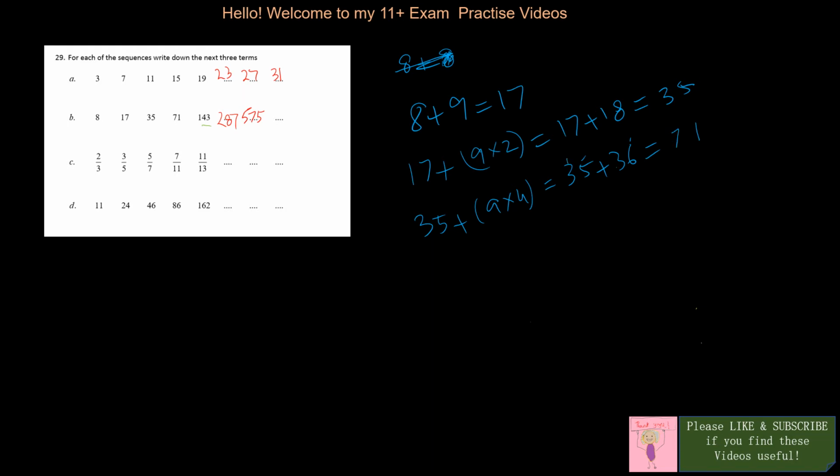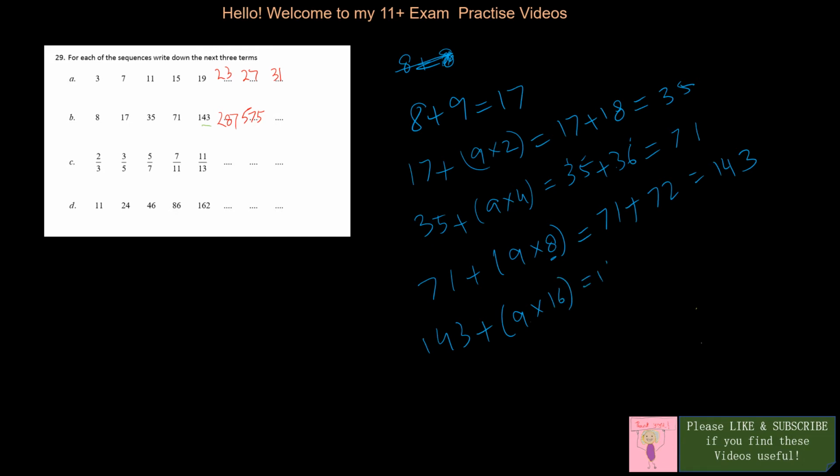Okay, then the next one will be 71 plus 9 times double of 4, 8, right? That is equal to 71 plus 72, equals 143. The next one is going to be double of 8, right? 143 plus 9 times double of 8, that is 16.